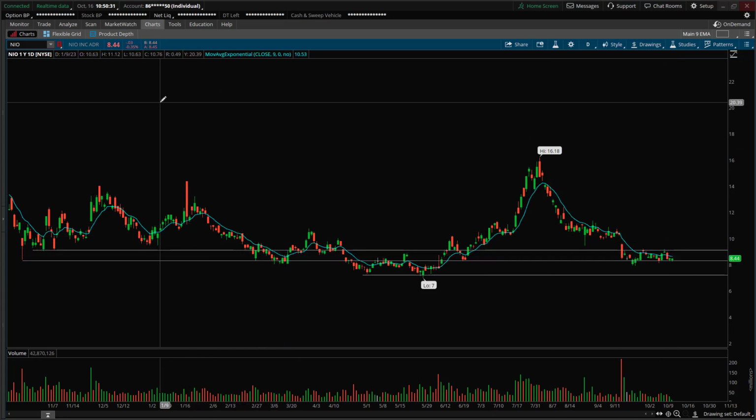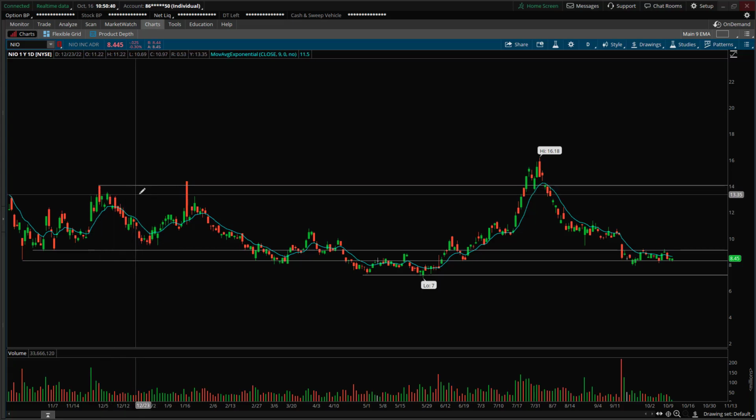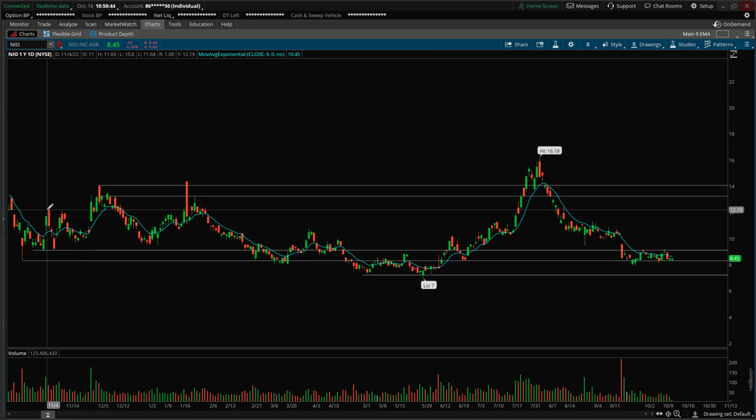Just connect those horizontal support and resistance levels, as many peaks and valleys that you see that touch together, like right in this area. Here's a few. You'll see I just have my lines extended out to the future, and this starts to show me the zones when price moves up to those levels.